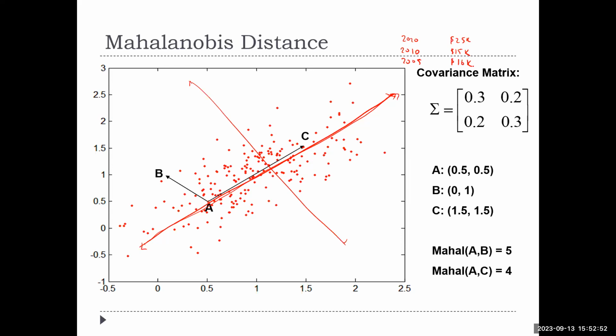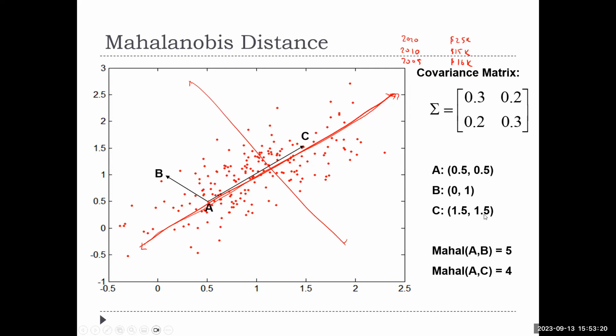How does it do it? It uses the covariance matrix. Basically, the covariance matrix checks how each attribute is distributed with respect to other attributes. The diagonal will be variance, the other values will be covariance. So as an example, if we have A as 0.5, B as 0.1, C as 1.5, 1.5.